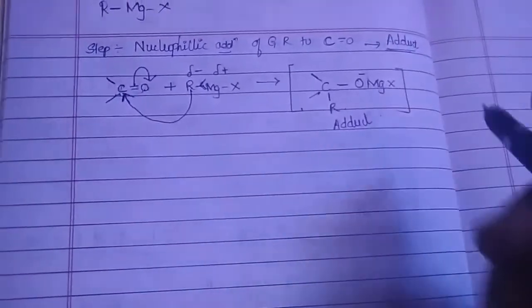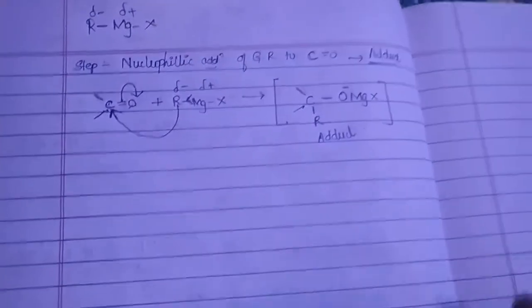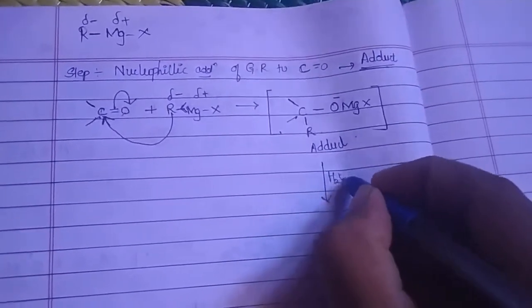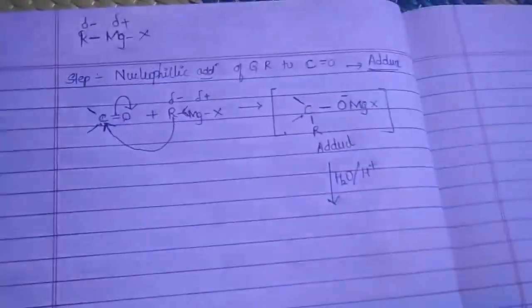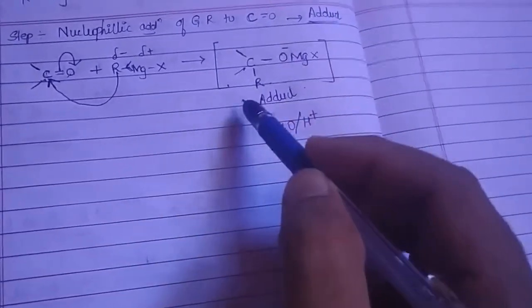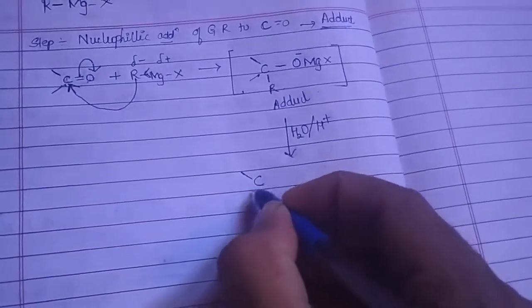Now we will be converting this adduct to our corresponding alcohol. How will we do it? By acid hydrolysis, H2O in the presence of an acid. When you treat your adduct with acid hydrolysis, we will be getting our corresponding alcohols.